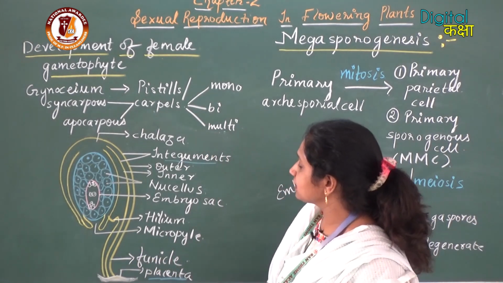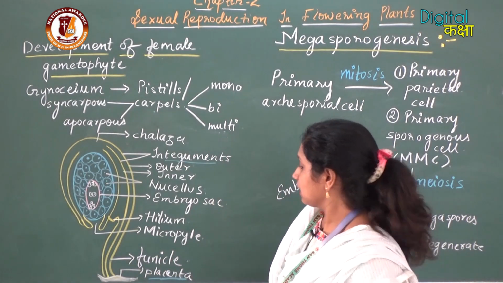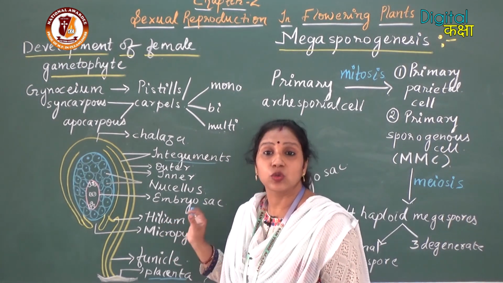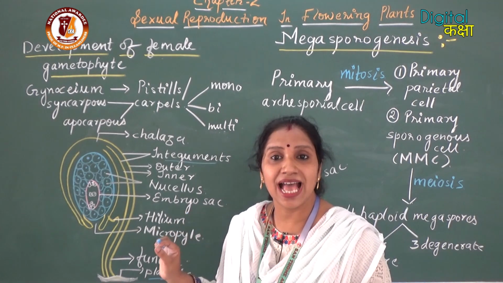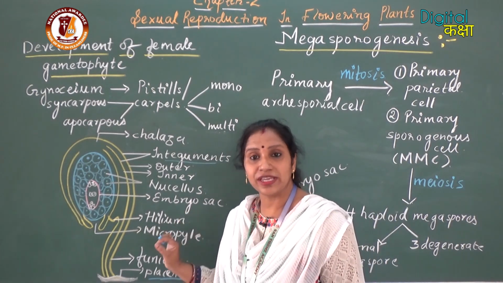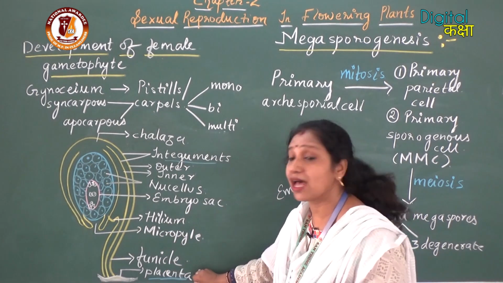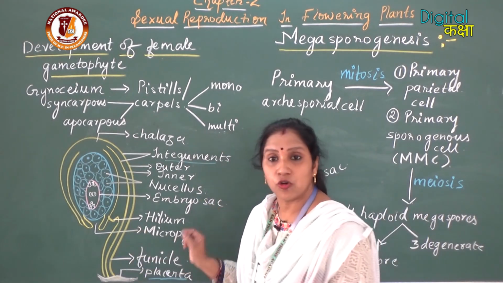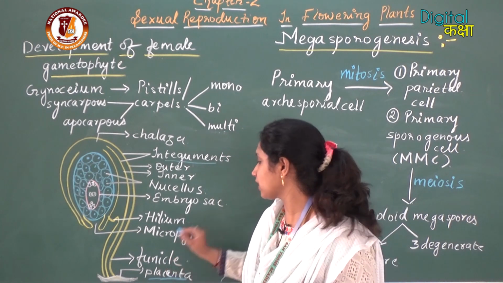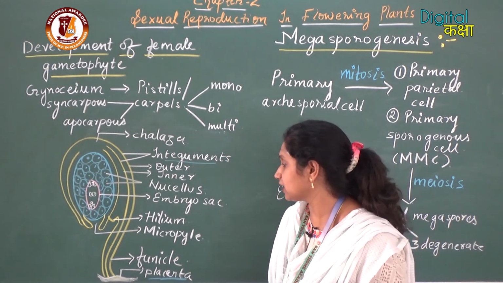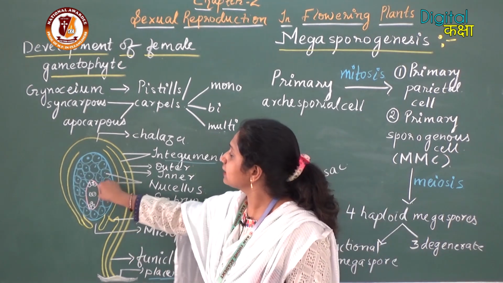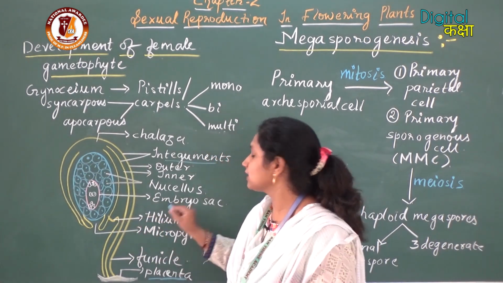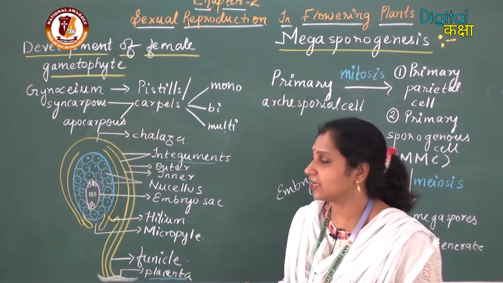So, once again we will see the parts. The spongy region to which the ovule is attached, that spongy ovarian wall, is called the placenta. Now, to the placenta, the ovule is attached by a stalk-like structure called funicle, and the funicle is attached to the main body of the ovule at a region called the hilum.